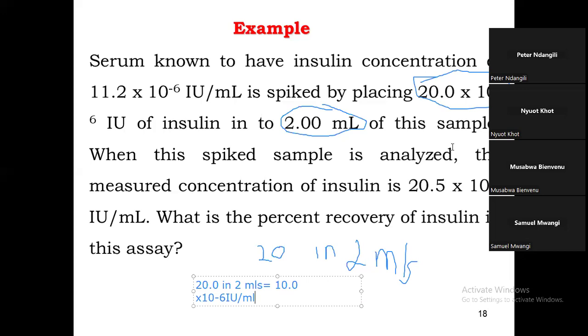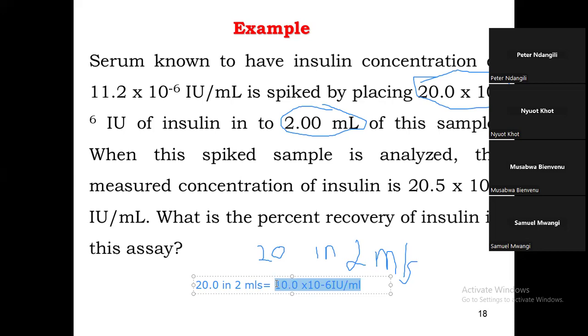We need to agree whether that is true. Because when you have 20 in 2 mils, it translates to 10 per milliliter. So this is the concentration that you have spiked.